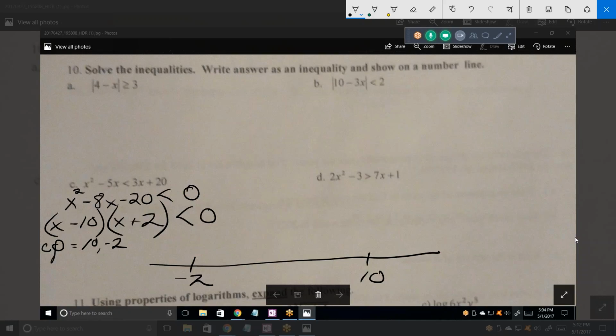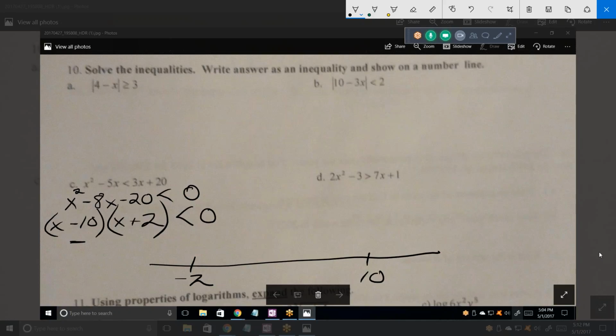Make it as small as possible. -3. When x is -3, what's the sign on this term on the left, x minus 10? -13. I don't need the numbers, all I need is the sign.